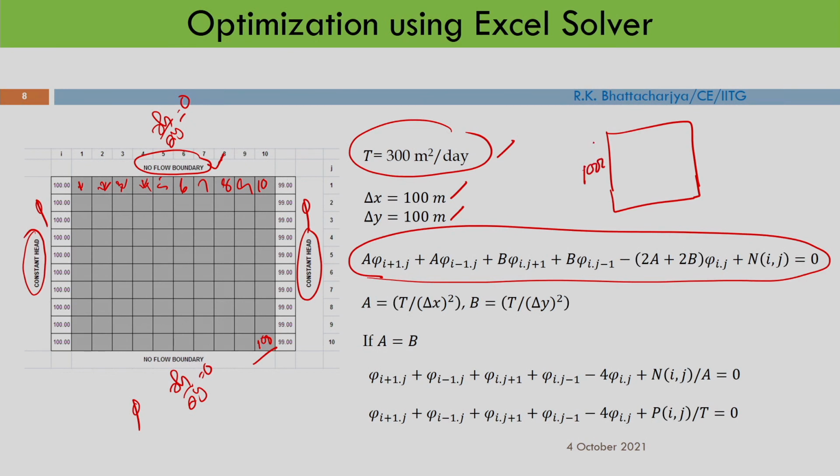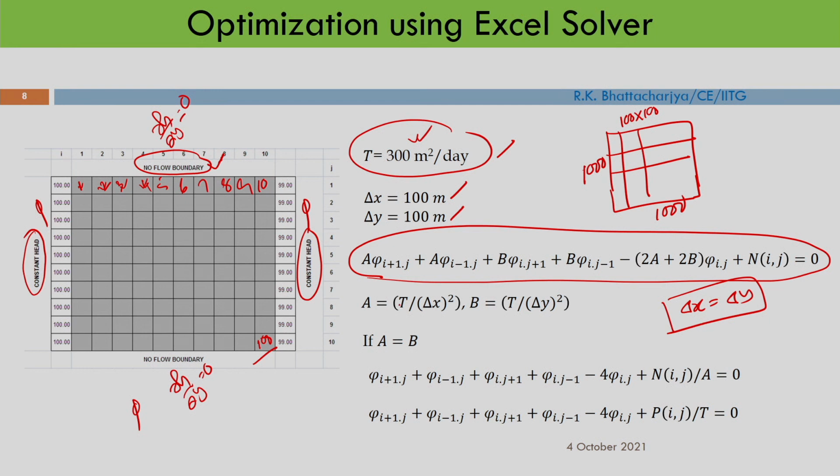So, this is 1000 meter and this is also 1000 meter, and I have divided it into grids, and one grid size is 100 by 100, and I have used T equal to 300 meter square per day. Now, in my case, del x equal to del y, just to simplify the problem.